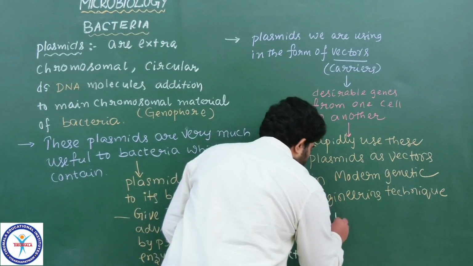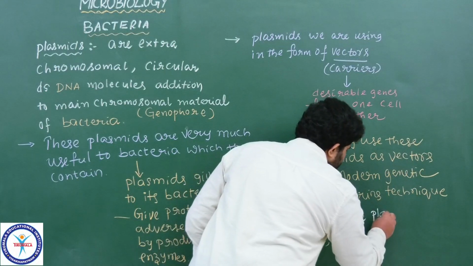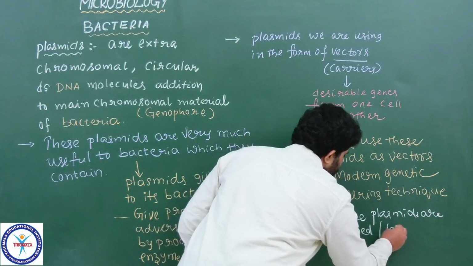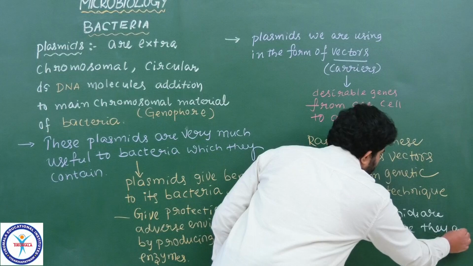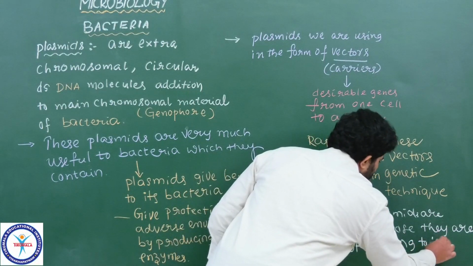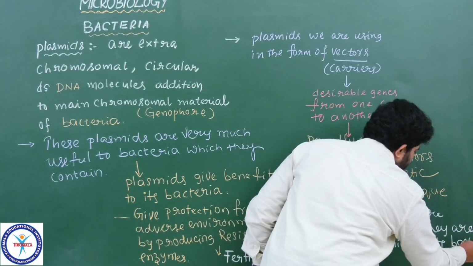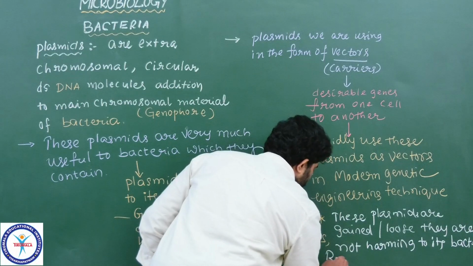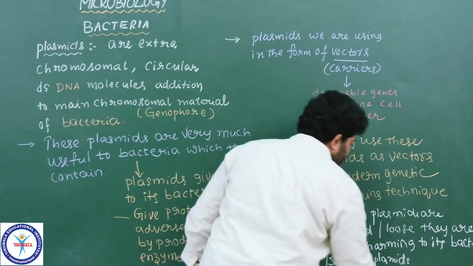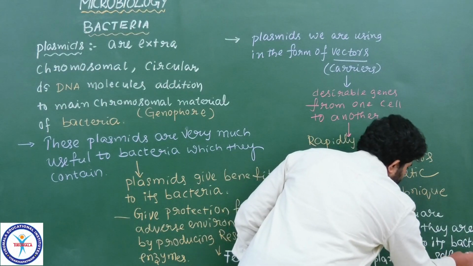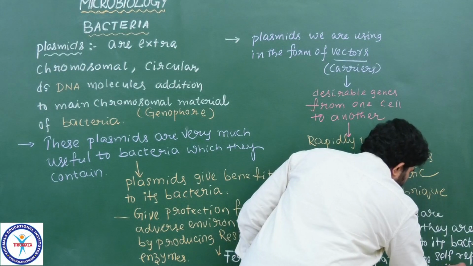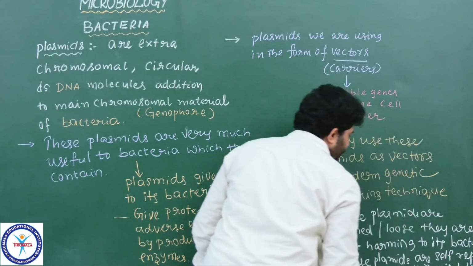Plasmids may be gained or lost, and they are not harming the bacteria, because, note down students, plasmids are self-replicating, or we manipulate them in laboratory conditions.